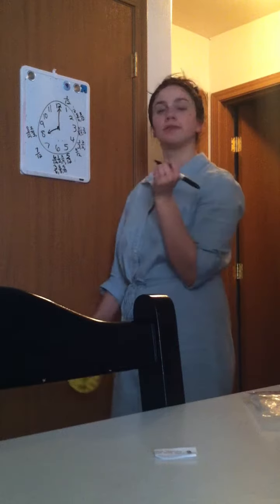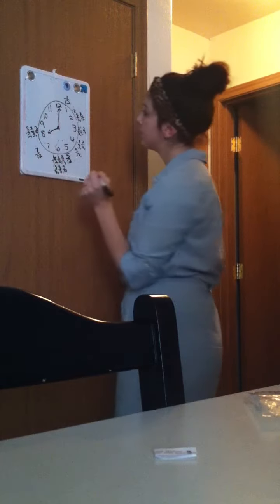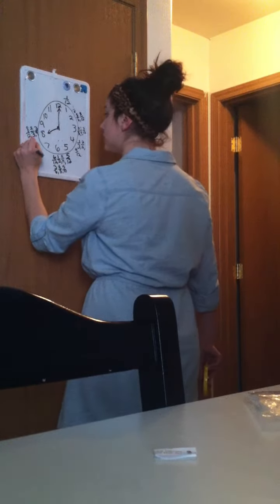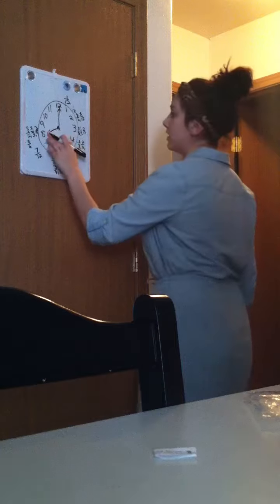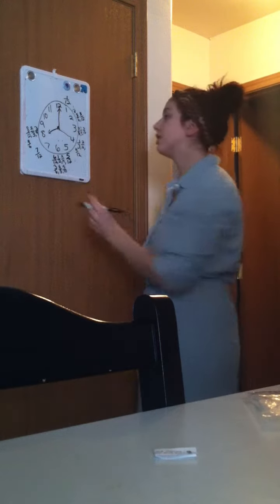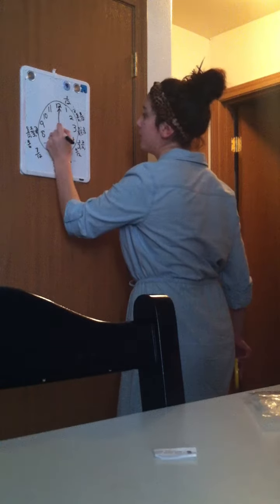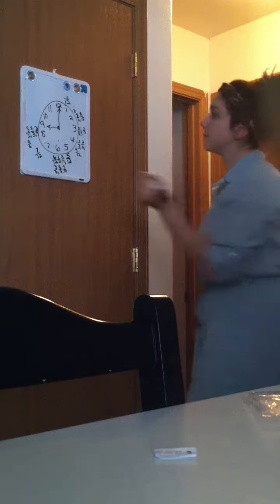What else? 3/9. 4/6. Anything else? No? See, now we can see that if we did this, the clock would be divided into thirds. And what if we had our hour hand pointing at the 9? 9/12.